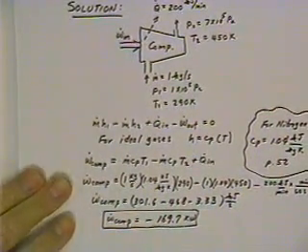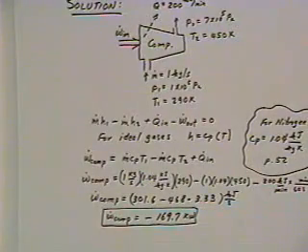So the work of the compressor then comes out to be about minus 170 kilowatts. And so that is how much work you would have to put into the compressor. That's the size of motor that you would have to have in order to accomplish this compression for a kilogram per second of nitrogen, which is a pretty heavy load and quite a lot of compression that would be required to do that.